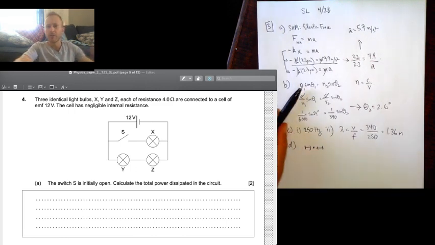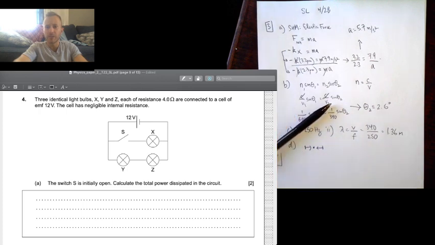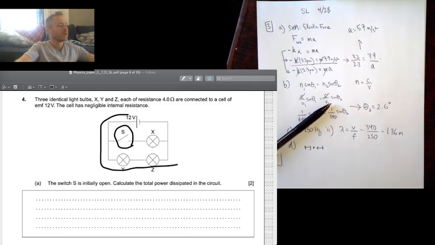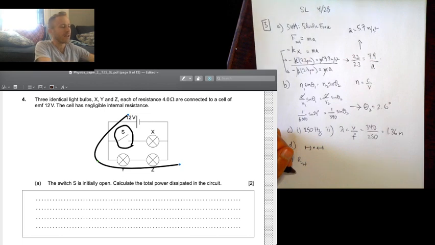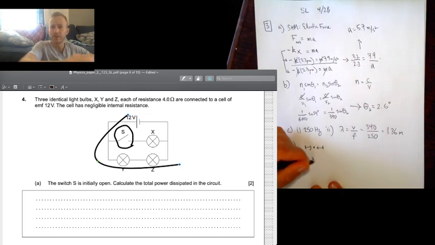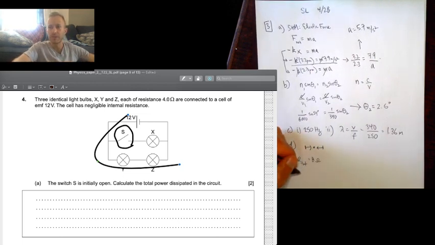So one of the things we can see is that if this switch is open, then no current can flow through this top branch. In that case, it would be 8 ohms because you have the Y and the Z in series with each other.